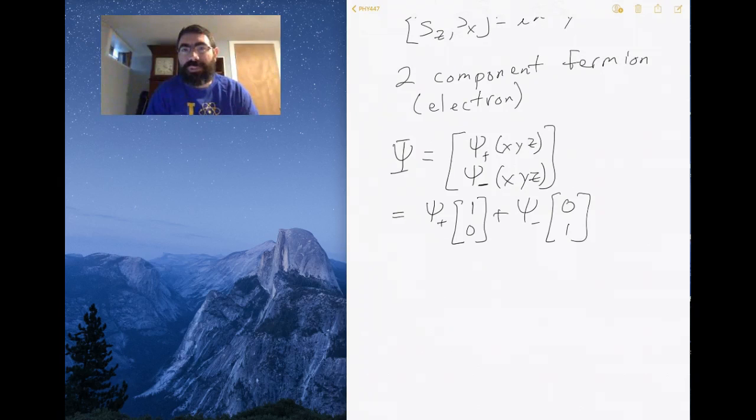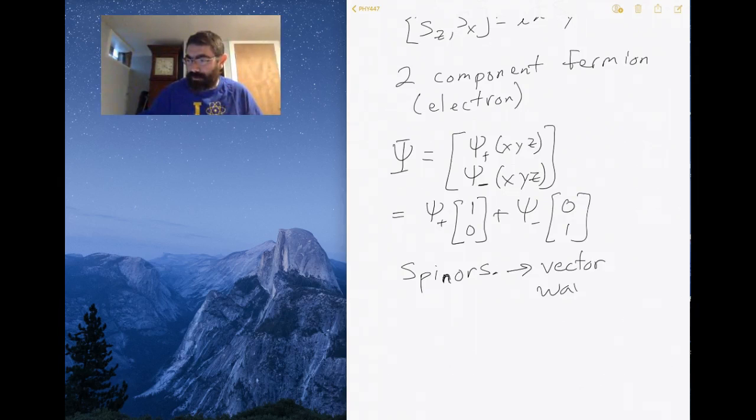A special name was given to this type of wave function that is a vector function, and these are called spinors. So a spinor is just a special name for a vector wave function. It turns out that there is actually a whole field of mathematics built up around spinors. So it's not just that we use it in quantum mechanics.